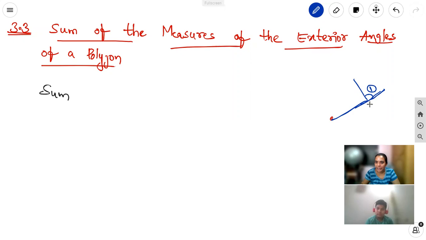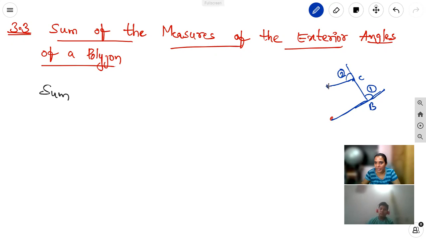And again at B we take the turn through the angle. Then again we go forward and again we take the turn at C through angle 2.